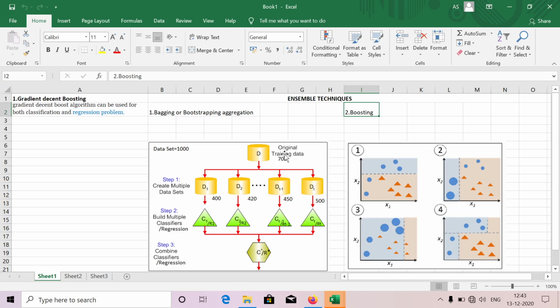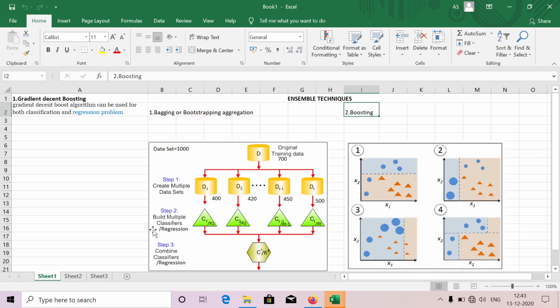In step 1, I divide this original training data into multiple data sets. For data set 1, I have taken 400 random records from the original training data. Similarly, 420 random records for data set 2, and similarly data set t minus 1, data set t.